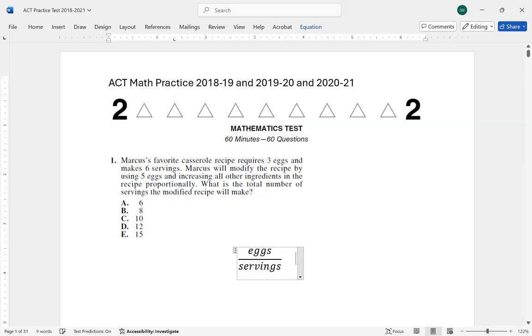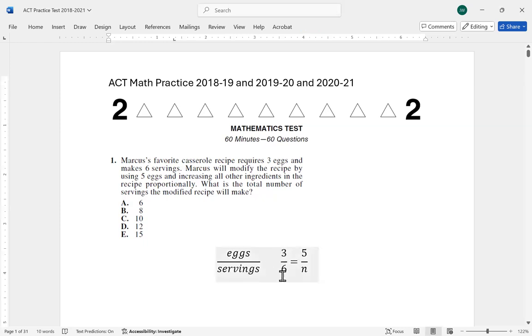So the number of eggs on top and the number of servings on bottom. It says that 3 eggs will provide 6 servings. And how many servings are we going to get with 5 eggs? So I'll put N as the number of servings. So that's the proportion that I'm going to set up.